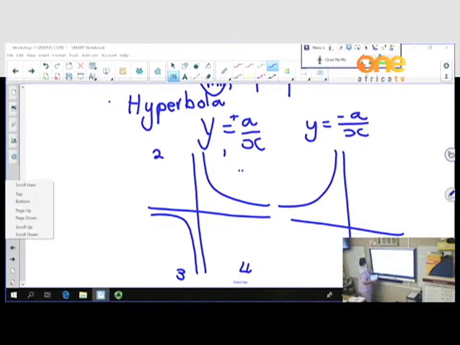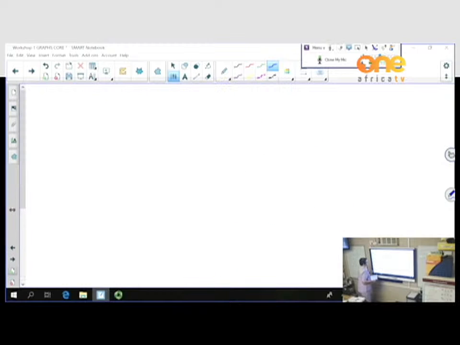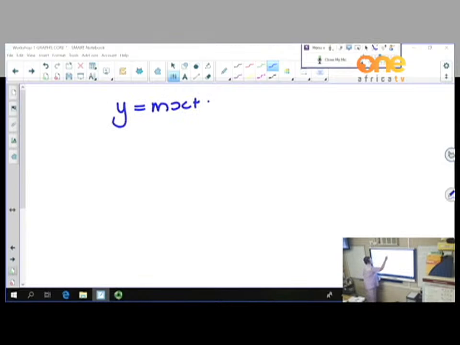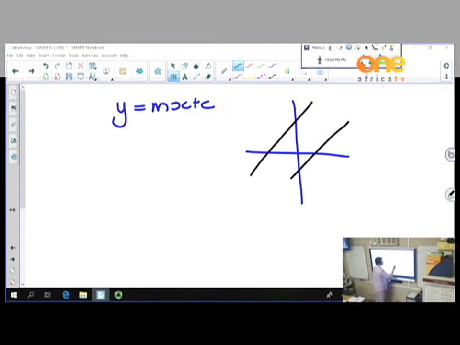Now, if we go back now to the straight line graph, y is equal to mx plus c, then we also know if I have two graphs looking like this, and there's two parallel lines, then we can say the gradients are equal.